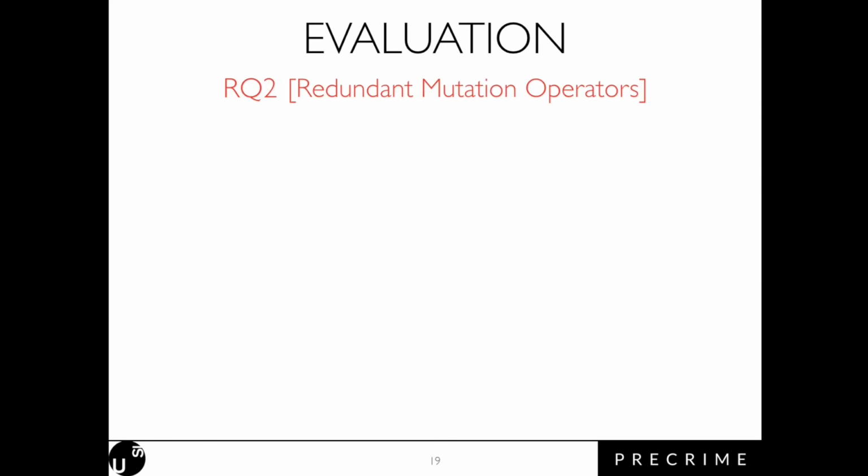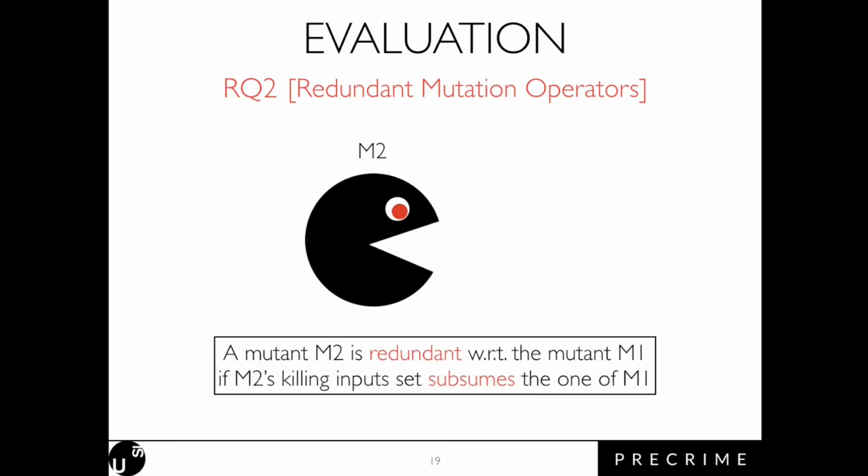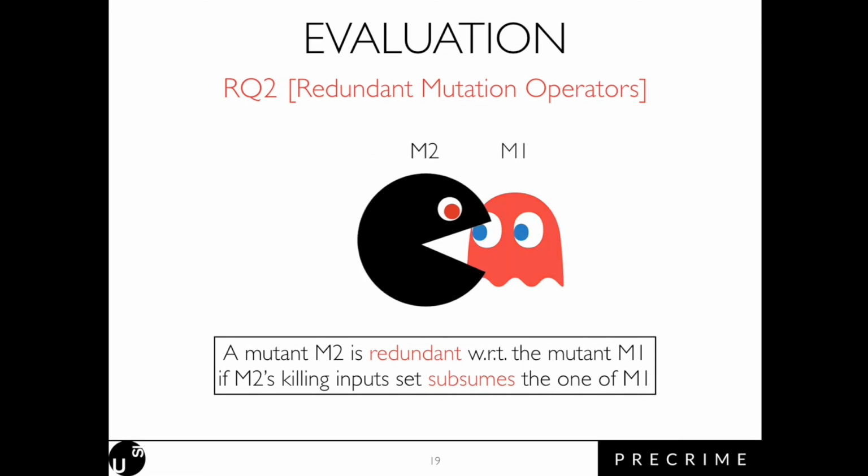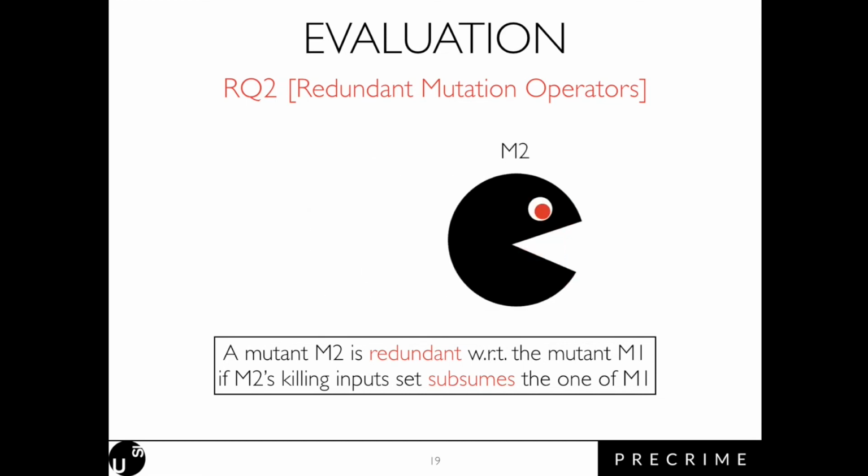Here we say that a mutant is redundant with regard to another mutant if the killing set of the first mutant subsumes the one of the second. So if too many inputs kill the mutant, and this set of inputs subsumes the killing set of other mutants, it is probably redundant and not very interesting for us.